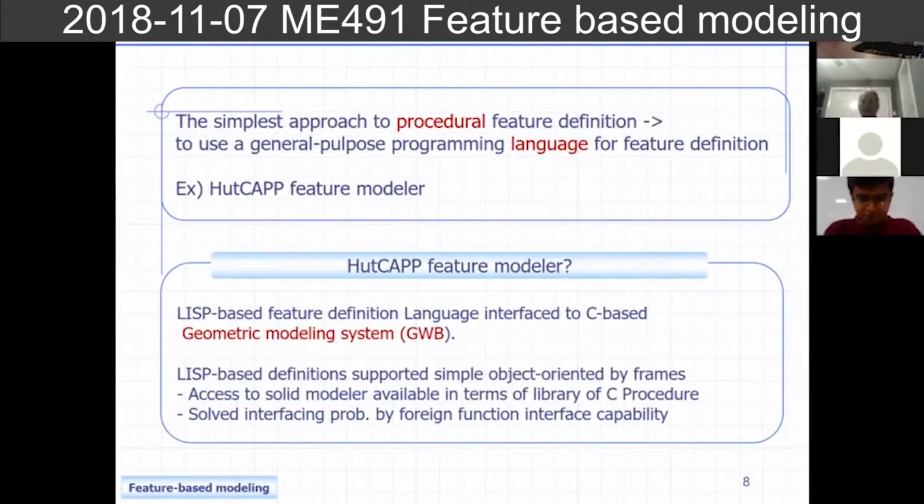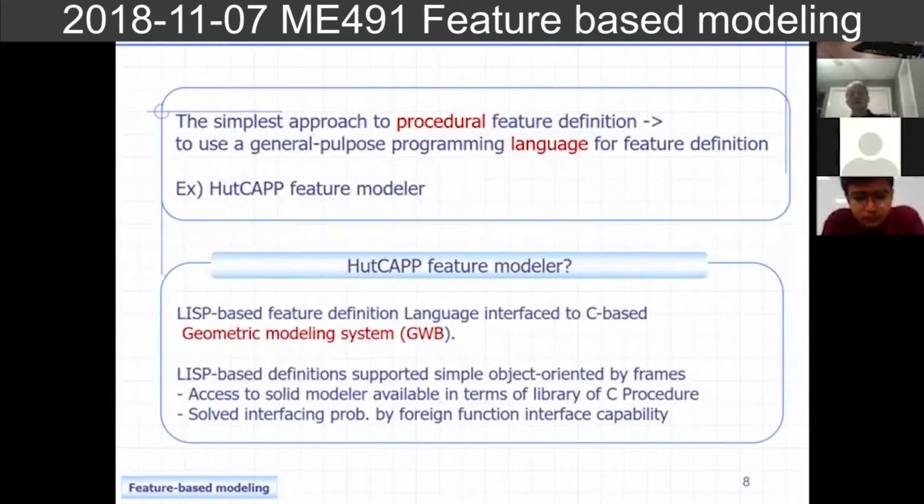And in Finland, they use a general purpose language called LISP. It is a general purpose language used for artificial intelligence programming. And in Finland, they use LISP as a feature definition language. There is also an interface to the C language. And they call this a geometric modeling system.